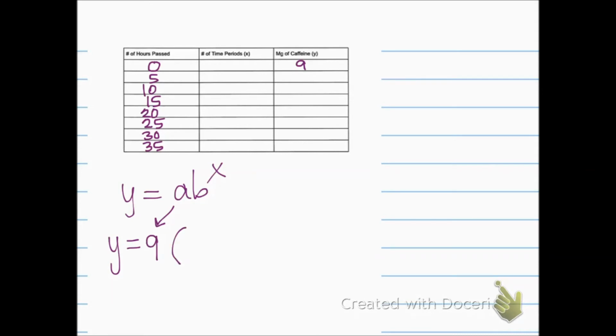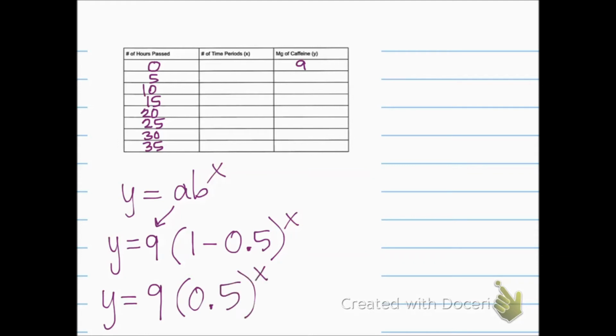B, to get our rate, we're going to do 1 minus, and since it's half-life again, half as a percent is 50%, which as a decimal would be 0.5. And then x is our exponent. So if we simplify our formula just a little bit, 1 minus 0.5 is 0.5. So there's the formula that we're going to use to calculate the caffeine.